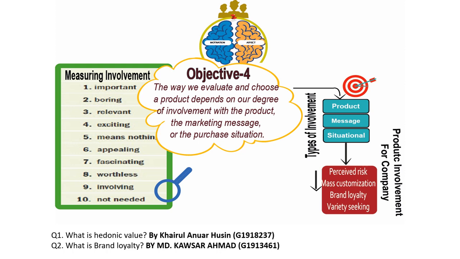Product involvement for a company is different, like perceived risk, mass customization, brand loyalty, variety seeking. All this involvement is measured by a few scales like important, boring, relevant, exciting, means nothing, appealing, fascinating, or involving, not needed.